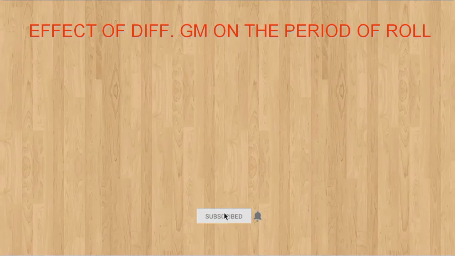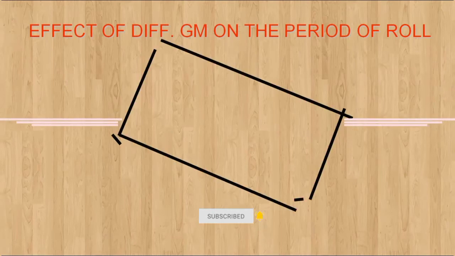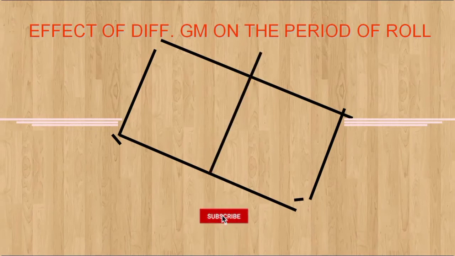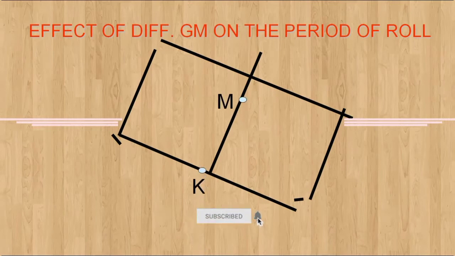Alright, so what is the effect of different GM on the period of roll? So we have this stability nomenclature. Let's assume that the ship is heeling on one side. That is the base of the keel. And we have here the metacenter. Then that is the center of gravity.